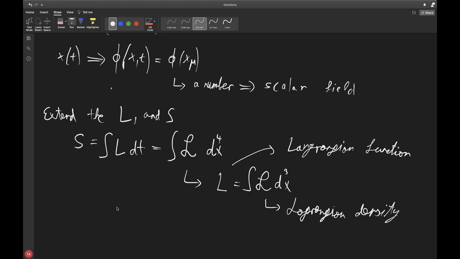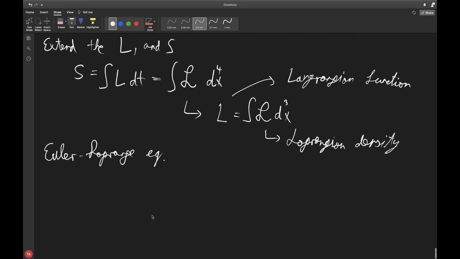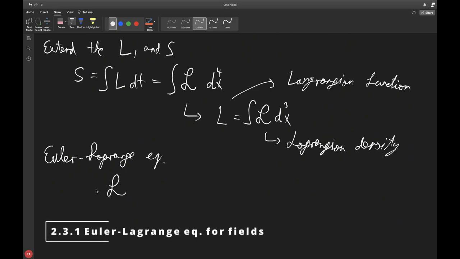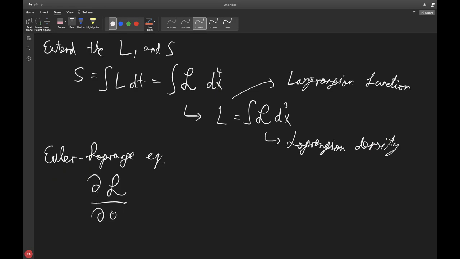And actually, this leads to new Euler-Lagrange equations, because we need to use the Lagrangian density if we want to speak about fields. But it's going to be very similar. We are differentiating the Lagrangian by the field.